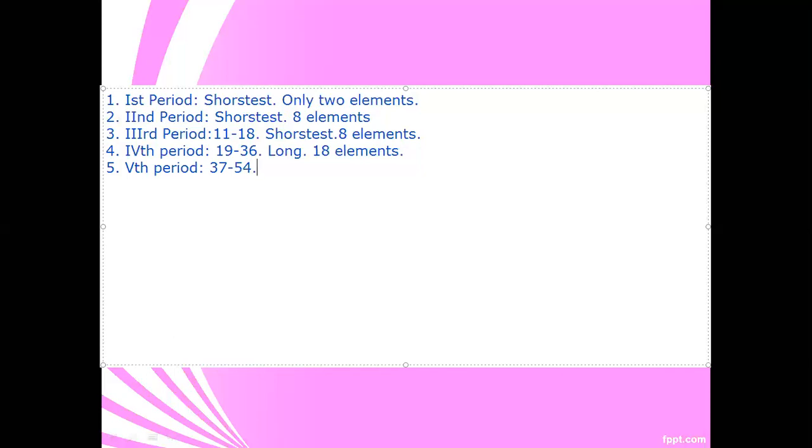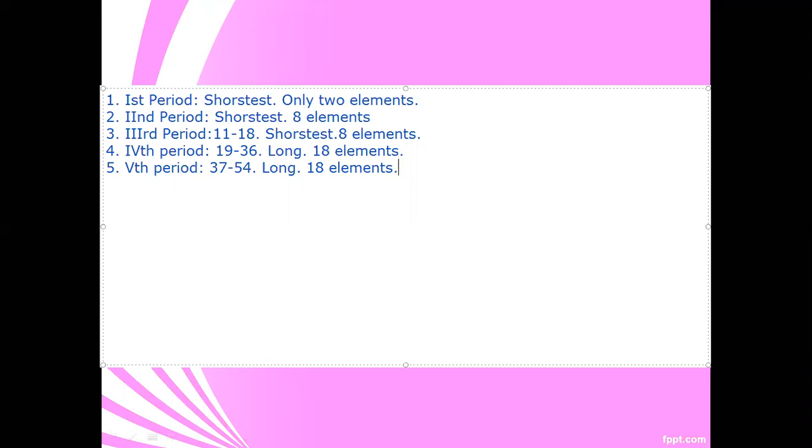So this is also a long period because it contains the same 18 elements. Rubidium to xenon. 37 is rubidium and 54 is xenon.